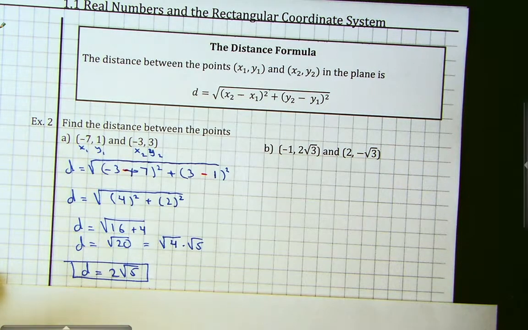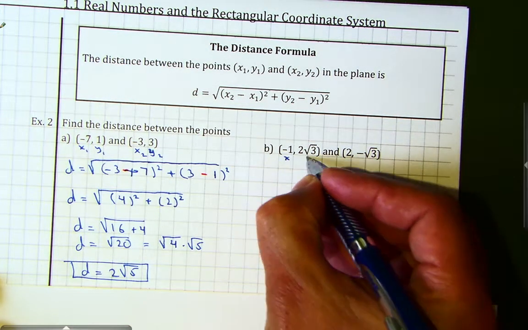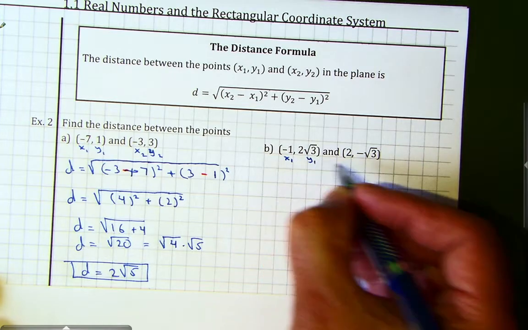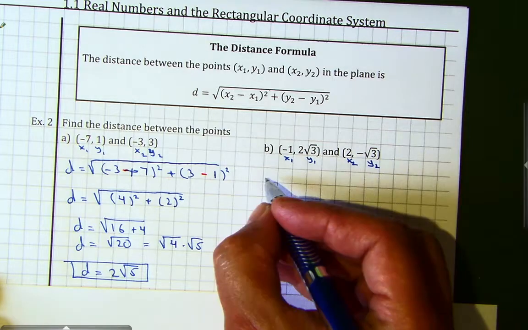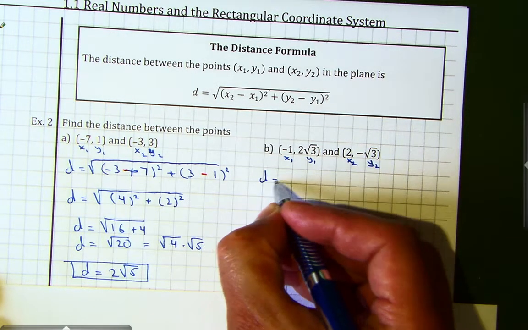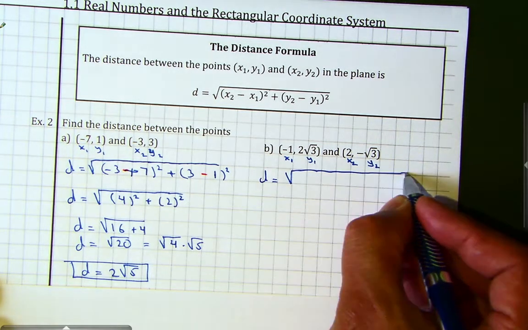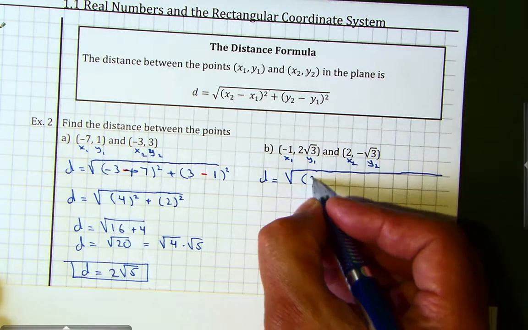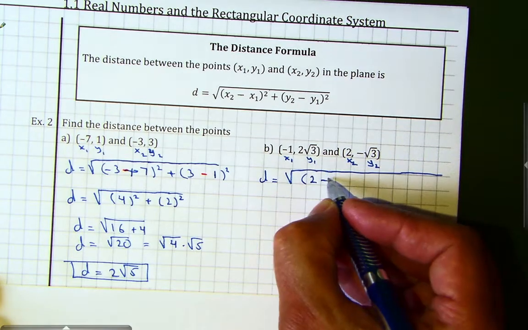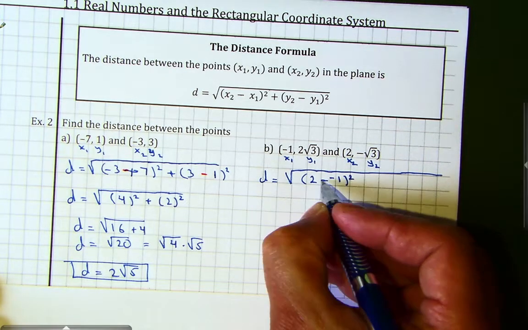Letter B. So try letter B, go and pause it, see what you get, and we can compare our answers. Excellent. So this is your first point, x1, y1. This is your second point, x2, y2. My distance is the square root of the difference between my x's. So it'll be 2 minus negative 1 squared, so we can say positive.